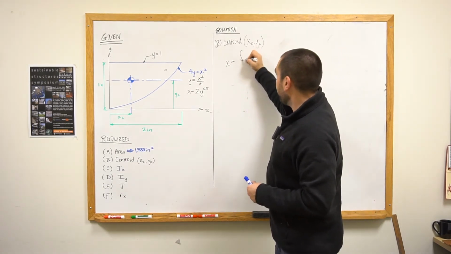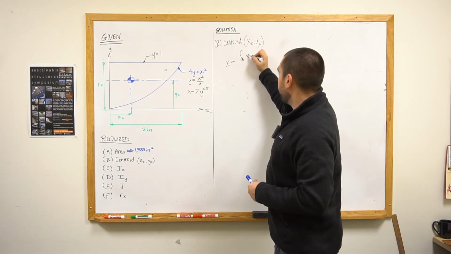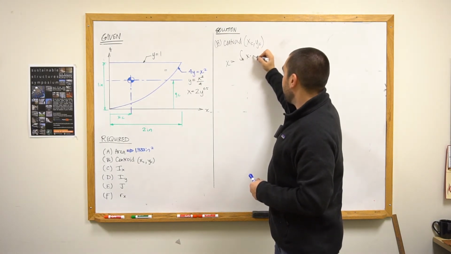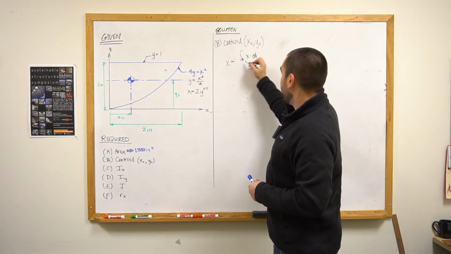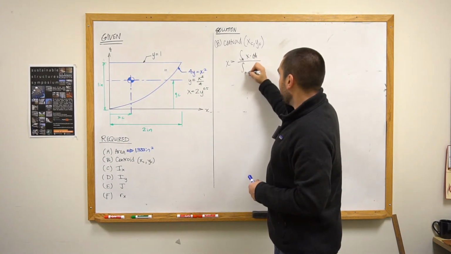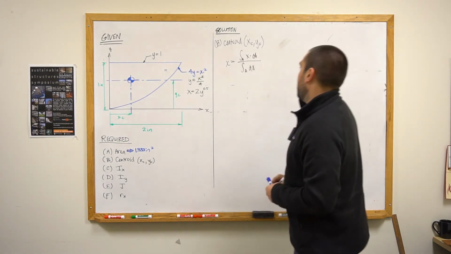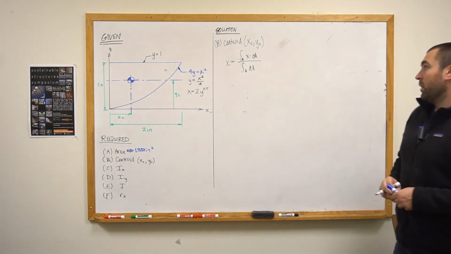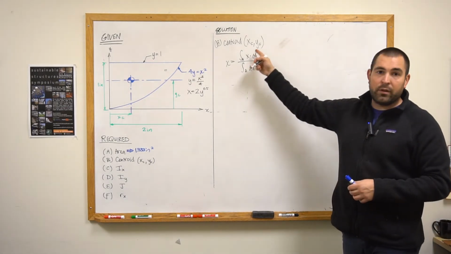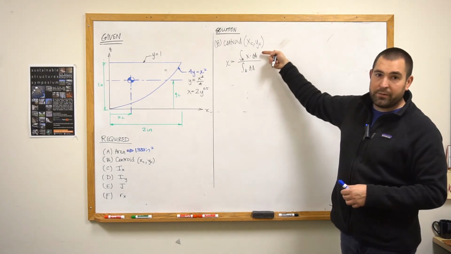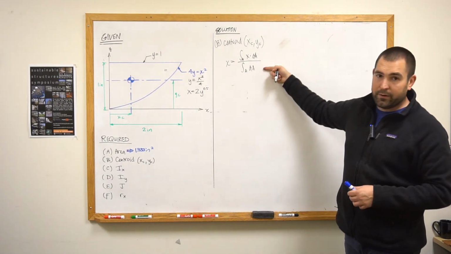It's equal to the integral over the area of x times dA over the integral over the area of dA. Now this is simply saying the first moment of area divided by the area.